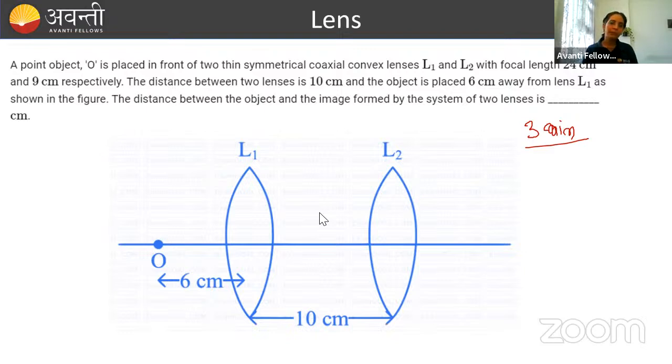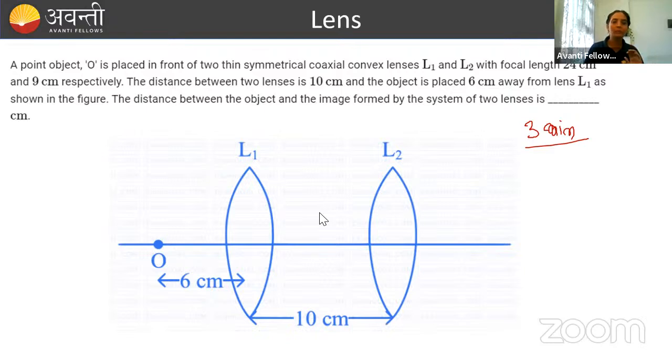You know, the beauty of ray optics is that if you're really comfortable with drawing the diagram, and also you have things in your memory, like when the object position is this, where the image will get formed. If you have that clarity in your head, you will go very smoothly with your ray diagram.